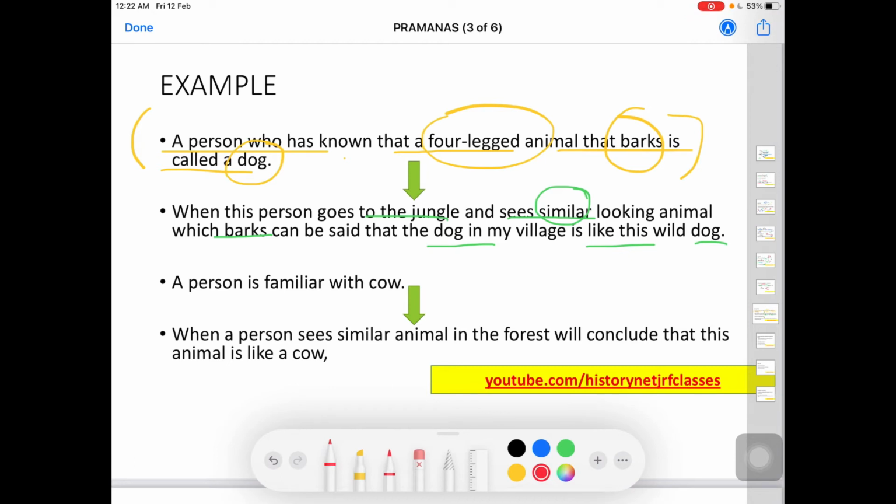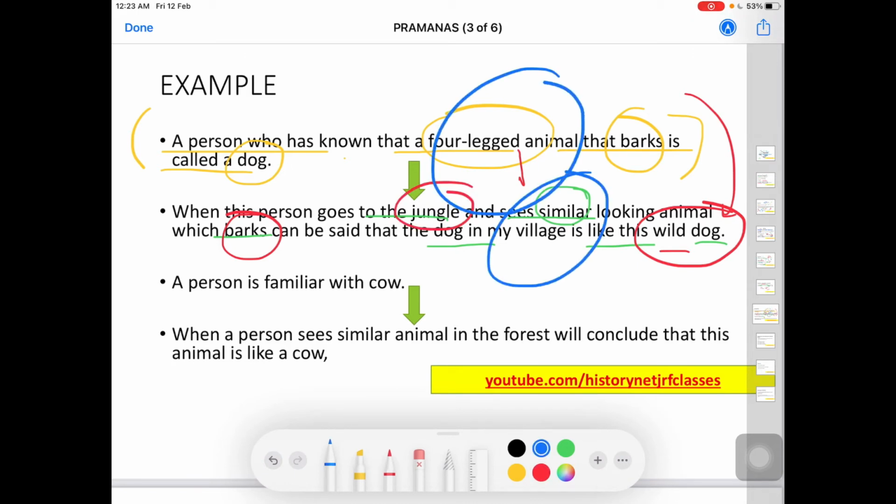So here there was similarity: a four-legged, barking animal. So the person draws an analogy that this must be a wild dog. Why wild? Because it's in the jungle. So on the basis of similarity between these two, we made a Pramana, that is, we made knowledge.